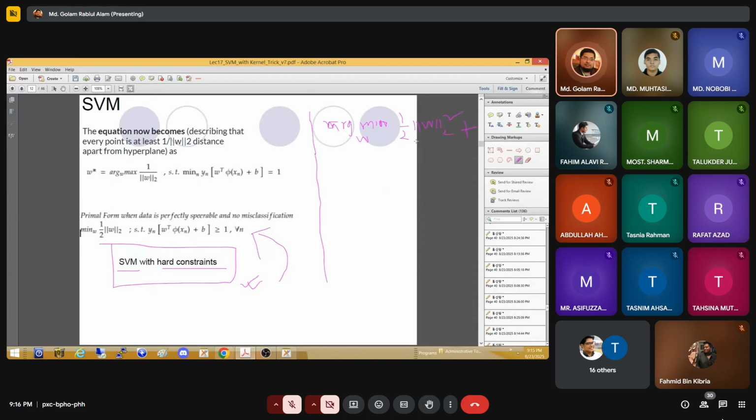Not only maximizing the margin, that is minimizing W here, we want to do a little more. We want to allow few misclassifications. That means plus the number of misclassifications.